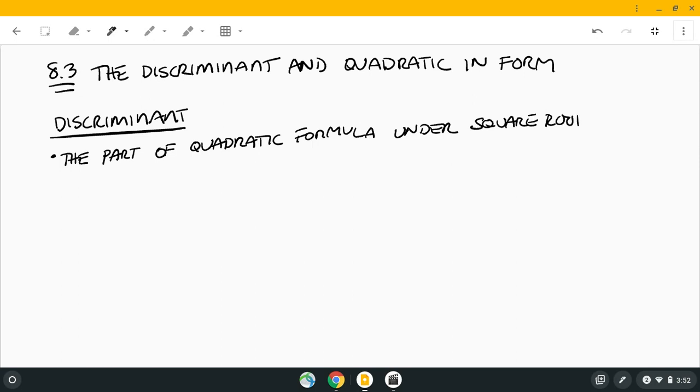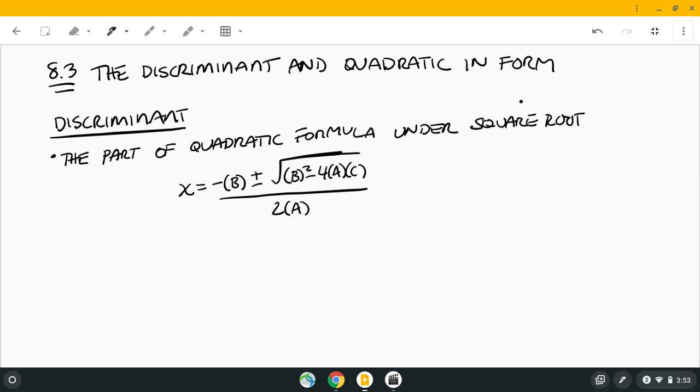Okay, so let's go ahead and write down the quadratic formula. It's x equals negative b plus or minus square root b squared minus 4 times a times c, all over 2a.